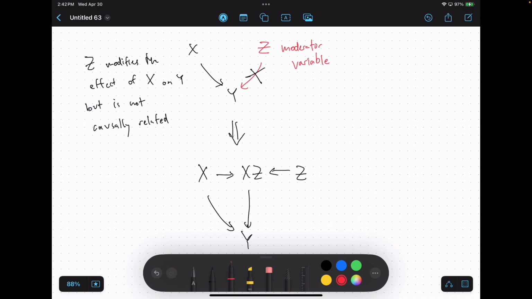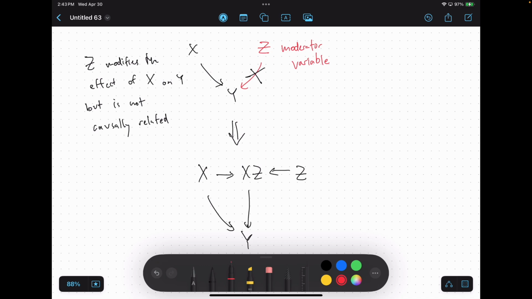Okay. Can anyone think of an example of a moderator? Yes. Maybe if we go to the ice cream example again, maybe the causal variable is that it's sunny, and then the moderator could be the temperature.